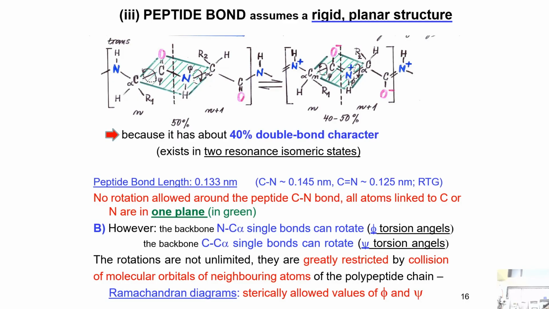However, the backbone N-C alpha single bonds can rotate, the phi torsion angles. The backbone C-C alpha single bonds can rotate, the psi torsion angles. So the rotations are not unlimited. They are greatly restricted by collision of molecular orbitals of neighboring atoms of the polypeptide chain. Ramachandran diagram, sterically allowed values of phi and psi.